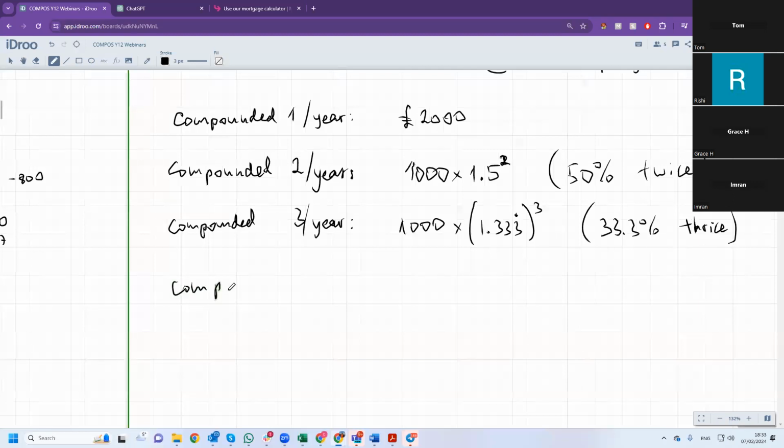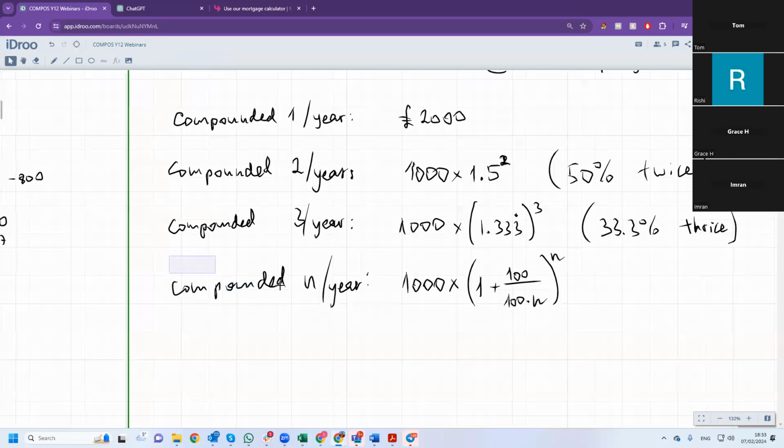Compounded n times per year, it's going to be 1,000 multiplied by 1 plus 100% divided by 100 times n, to the power of n.